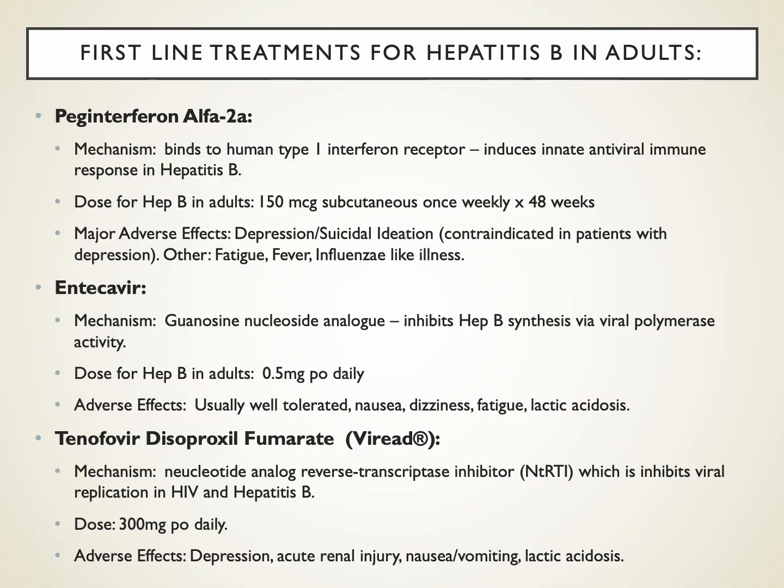So the pegylated interferon, interferon alfa-2a, really binds to the human type 1 interferon receptor. The big issues with this: it's a subcutaneous injection once a week. It's long-acting because it's pegylated. It's given for almost a year. And its major concern, and I think the biggest issue whenever you hear interferon therapy, is the risk for suicidal ideation and depression, severe depression.